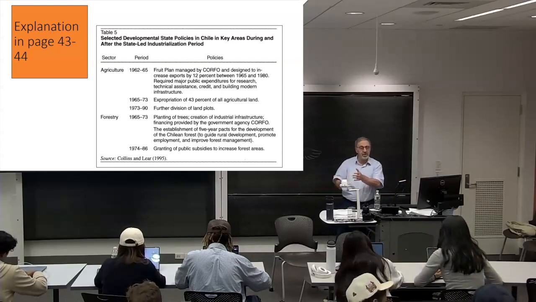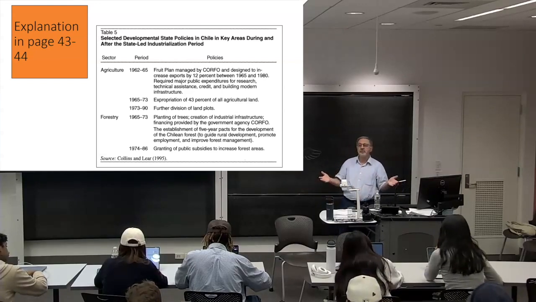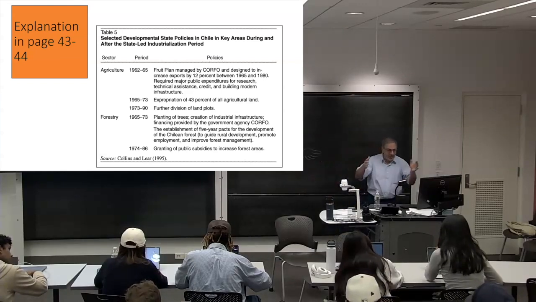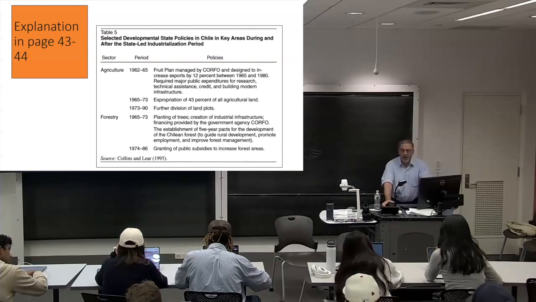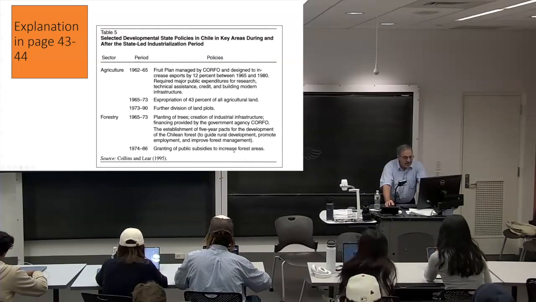agricultural products or forest products to the forces of the market. It became actively involved in the process. And finally, from 1964 to 1986, granting of public subsidies to increase forest areas.